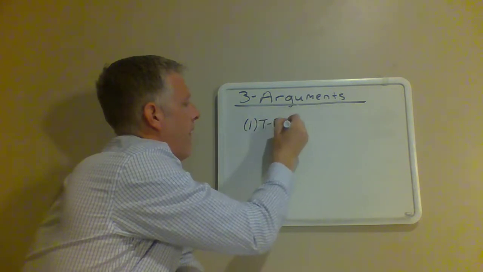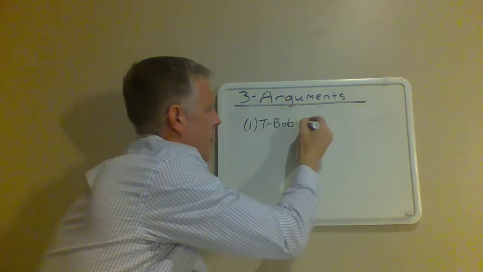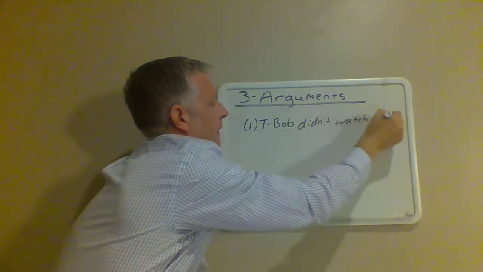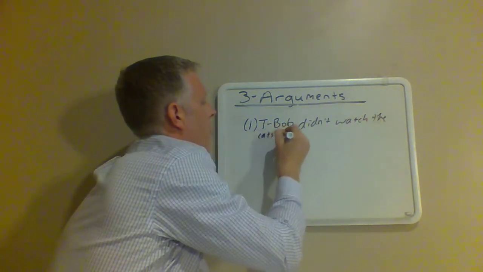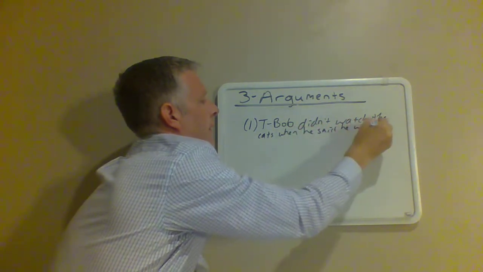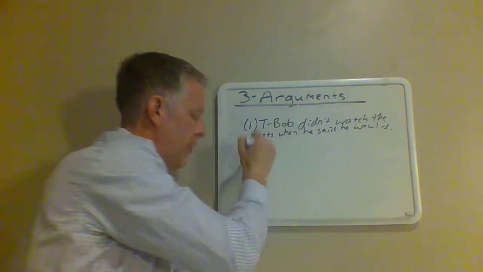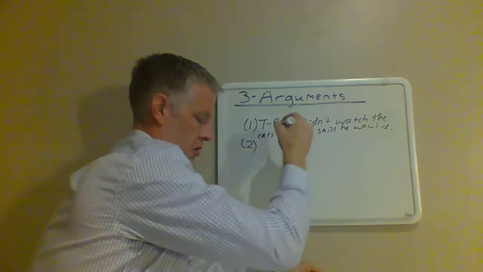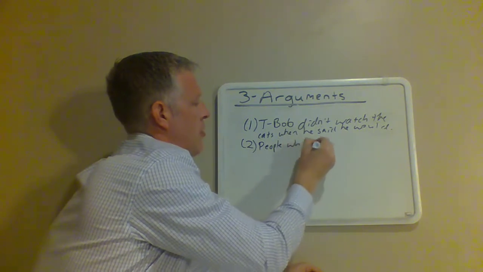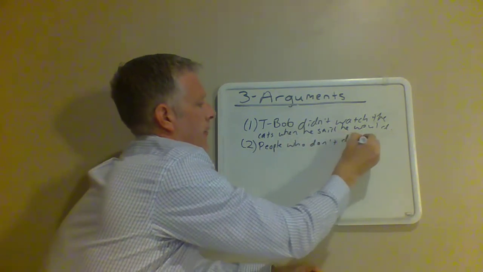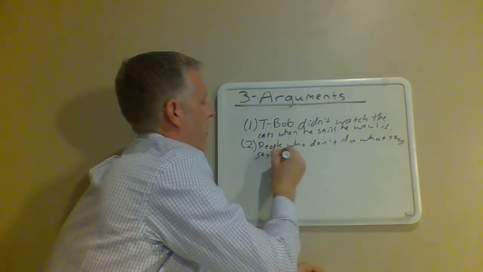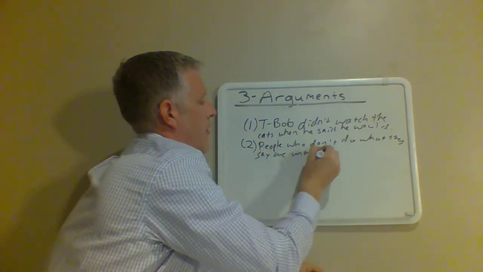So my example. Statement 1, T-Bob didn't watch the cats when he said he would. Sorry about the terrible handwriting. Statement 2, basically people who don't do what they say are untrustworthy.